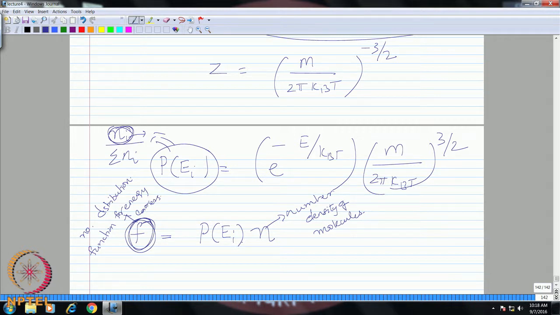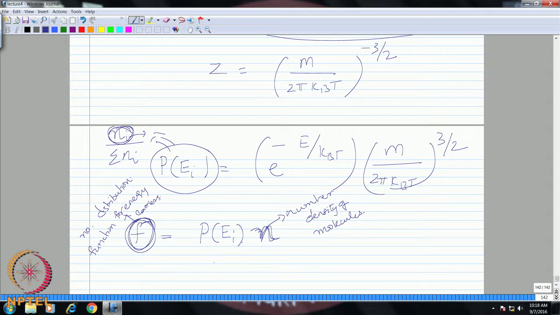So, in the case of molecules, these are anyway continuous, and therefore, the number itself is just a constant value. It is not going to fit into one particular discrete energy level Ei, the way electrons and phonons are going to occupy. So, simply we can multiply the number of molecules or number density of molecules with the probability.